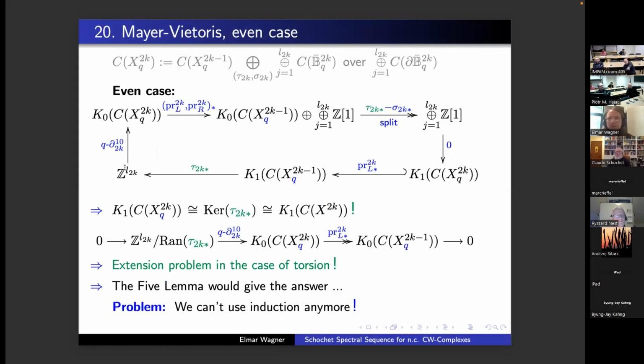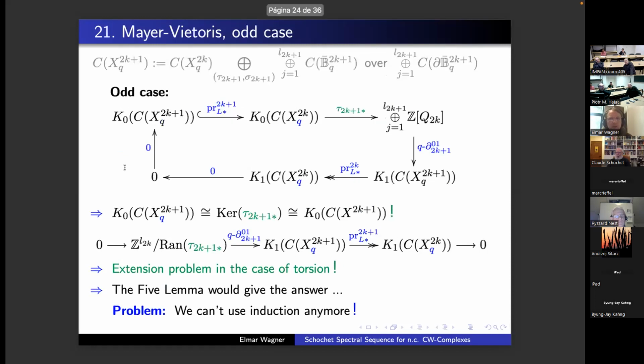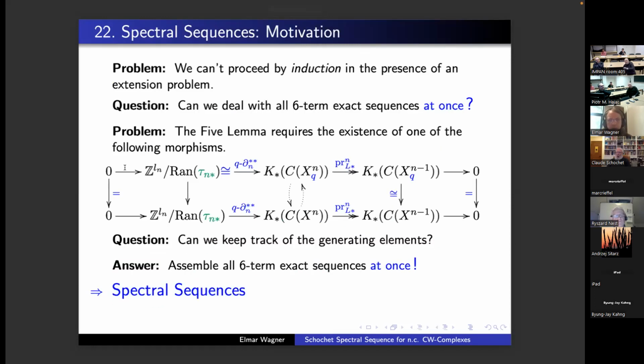You have this comparison of these exact sequences. No, the next slide, probably the five lemma. Yes, that one. So we have this map. So Richard said, no, that's not a good sequence.